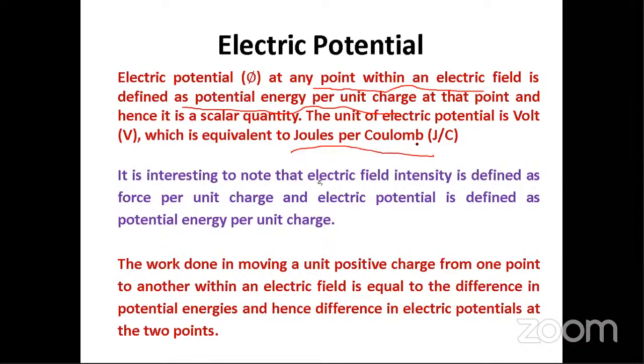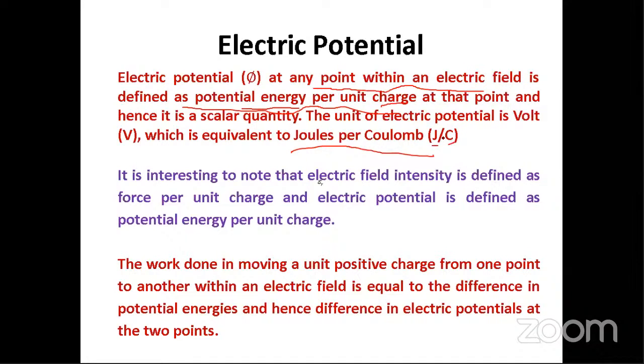Why joules per coulomb? Because we define that electric potential is potential energy per unit charge. So what is the unit of potential energy? Unit of potential energy is joule. Per unit charge, that is, unit of charge is coulomb.